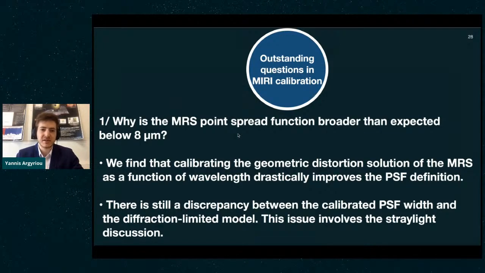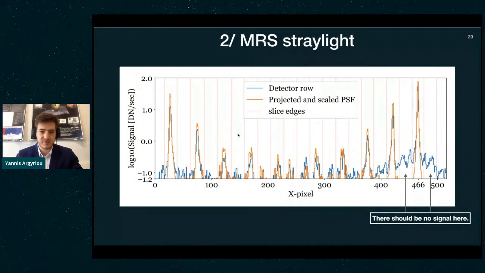So to summarize, we find that calibrating the geometric distortion solution of the MRS as a function of wavelength drastically improves the PSF definition. However, there's still a discrepancy between the calibrated PSF width and the diffraction limited model. This involves the stray light discussion, and so I'll be continuing in the same breadth with the second science question.